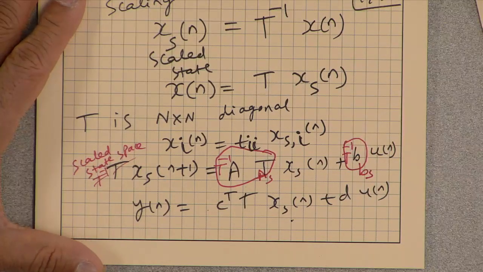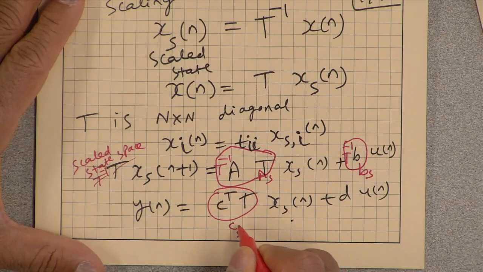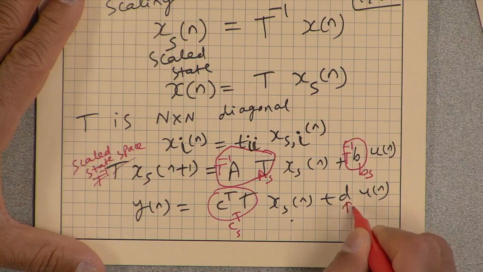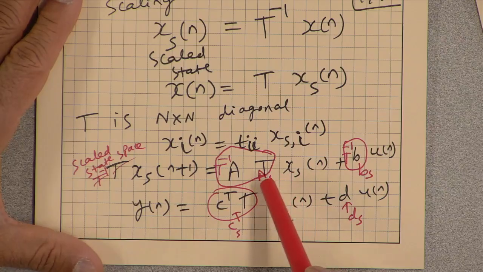And Y scaled is C scaled transpose times x scaled plus D, and D is the same as D scaled. So these are the parameters of the scaled state space: A scaled, B scaled, C scaled, D scaled.